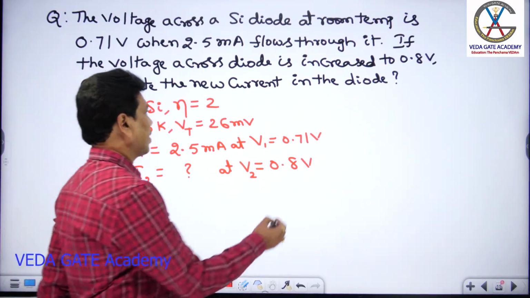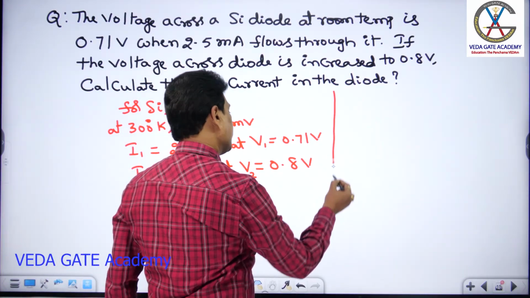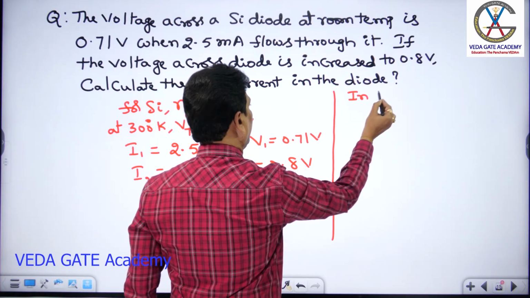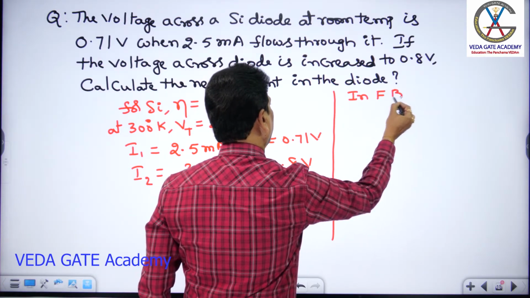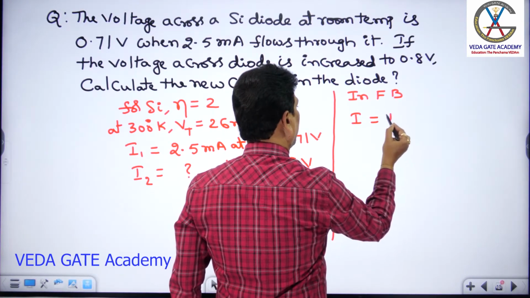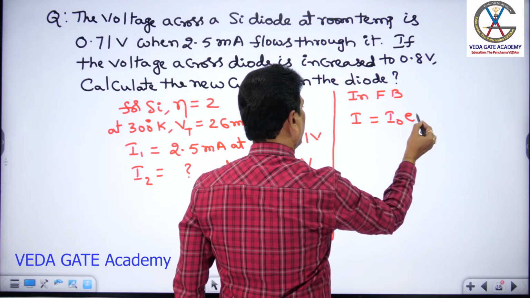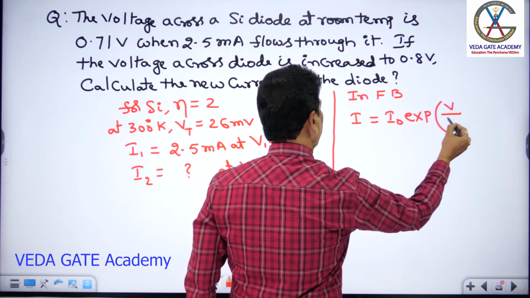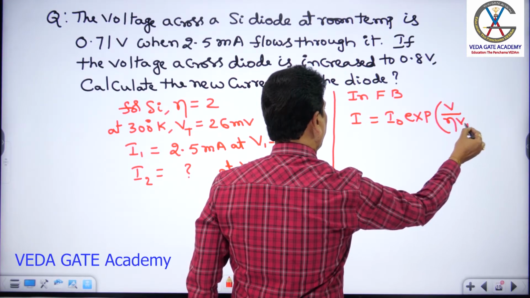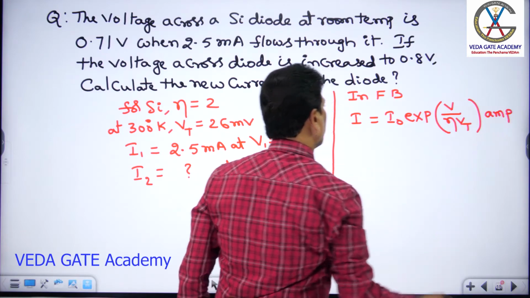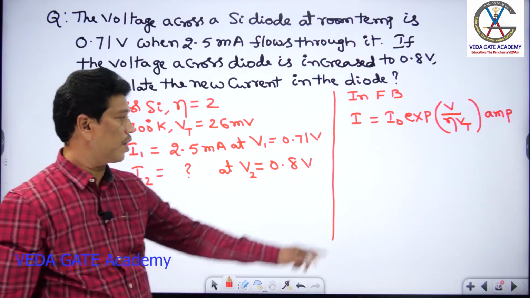Now it is the condition of forward bias. You know the approximate equation of current in forward bias: I equals I0 times exponential of V by eta Vt ampere. This is the approximate current equation in forward bias.